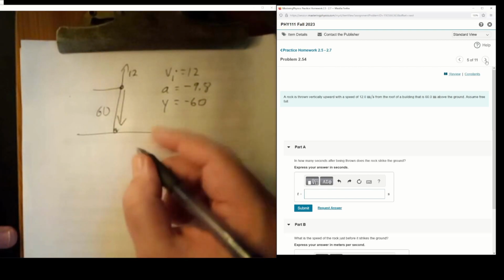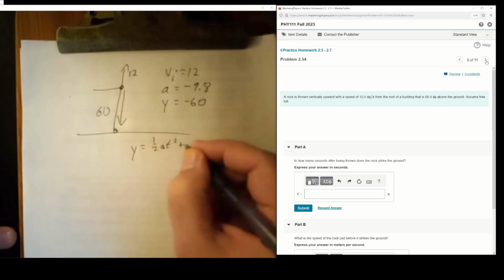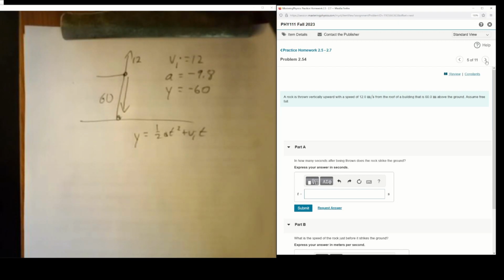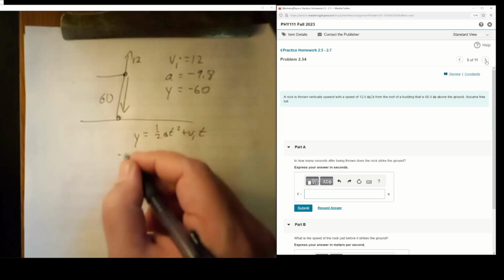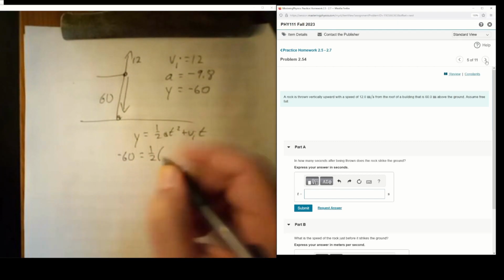And that is what we know. They want us to figure out time. This is always a good equation to get time with. And we're going to get, surprising to me, another quadratic.